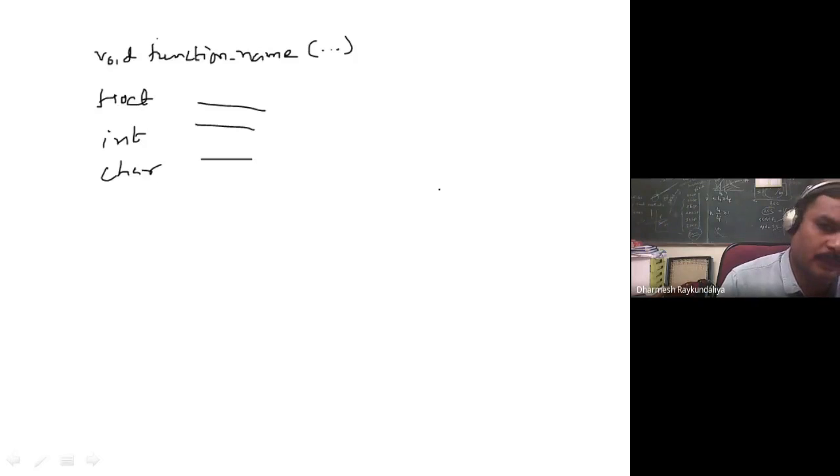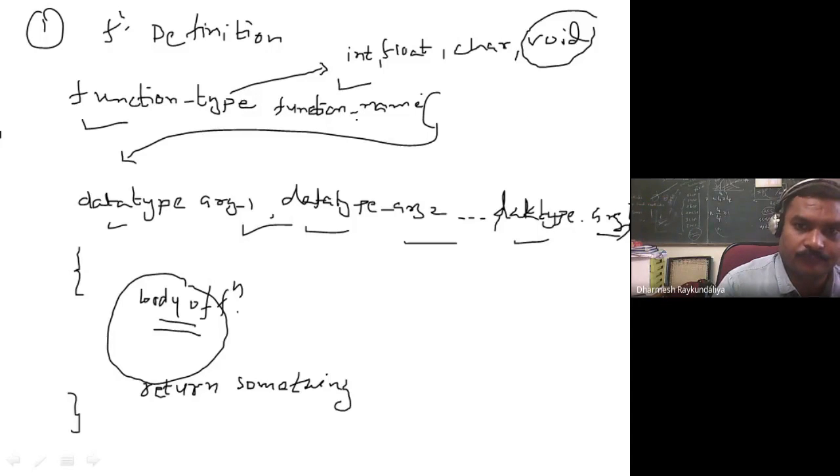Now the second part is the function name. The function name can be any alphabets or numerals, or you can say it is an identifier.